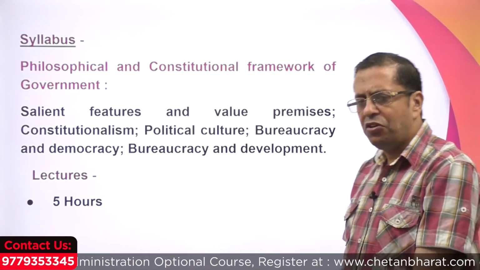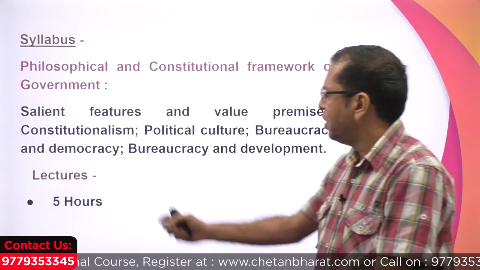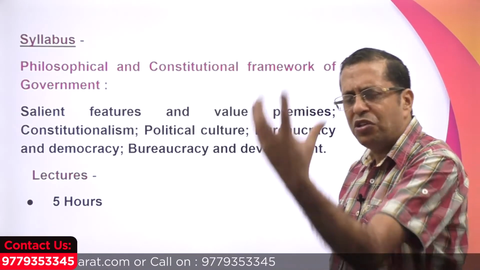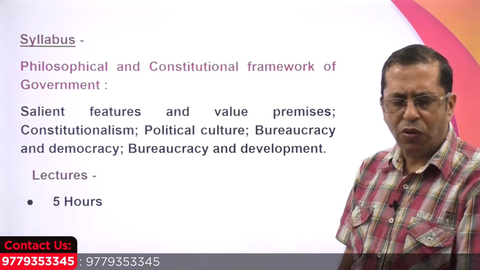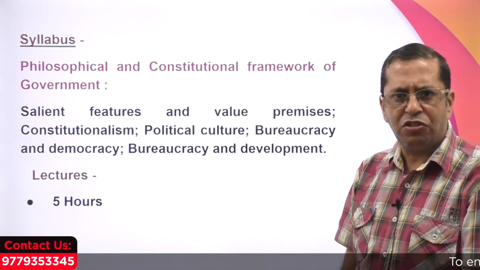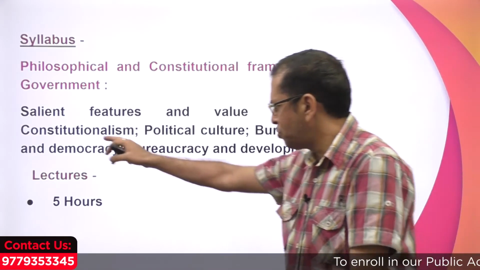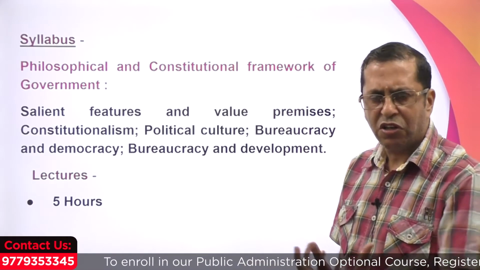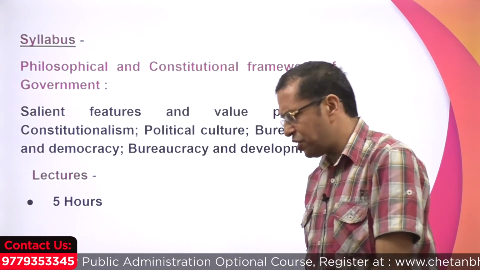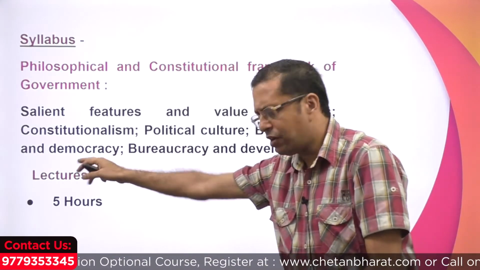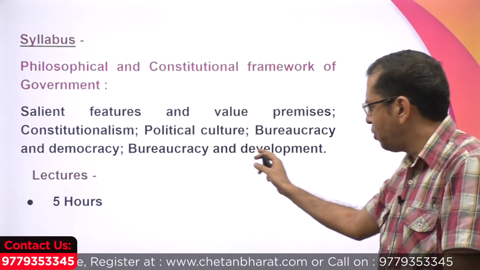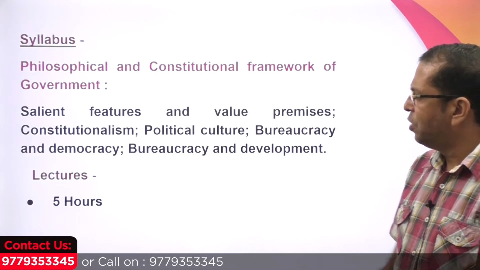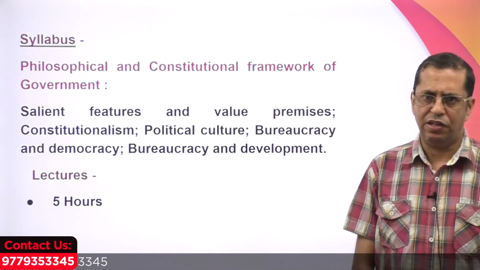So in this unit we will be covering salient features and value premises, means constitution के क्या salient features हैं, what are the political values contained in the constitution, then constitutionalism. Constitutionalism means supremacy of constitution, control over the government, political culture in India, bureaucracy and democracy, and bureaucracy and development. इस यूनिट को हम 5 लेक्चर्स में कवर करेंगे.